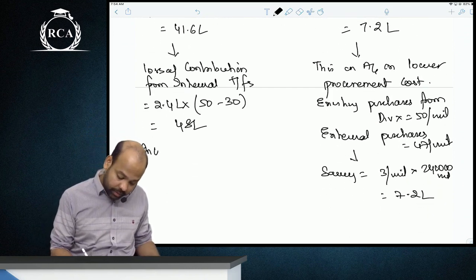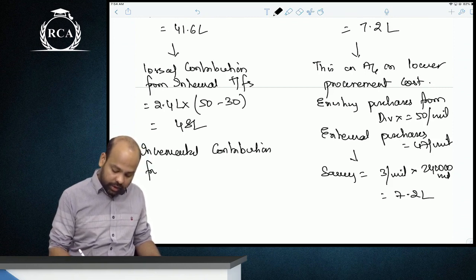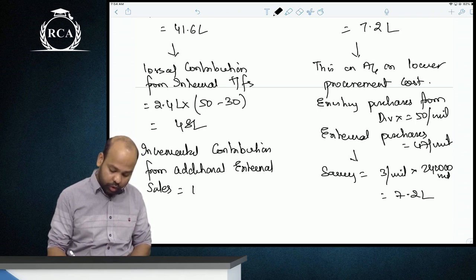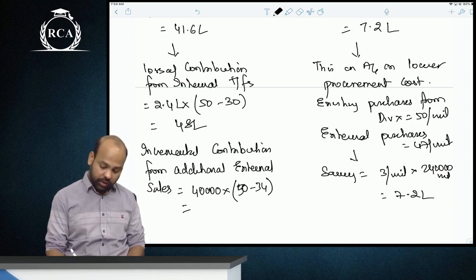Also, there is incremental contribution from additional external sales. Because they are not transferring internally, they're now selling 40,000 more units in the external market, which is giving them a contribution of 16 rupees.